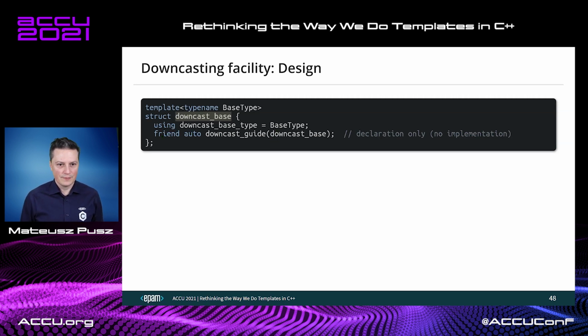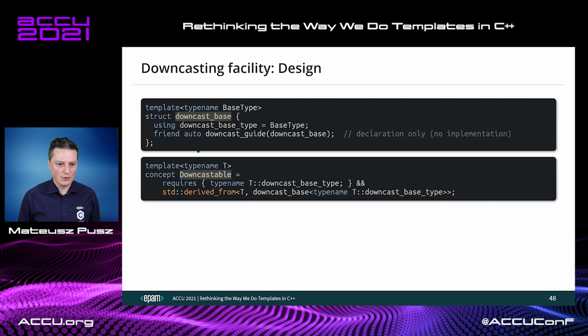It's a friend function. We don't know what it returns for now, so we are returning auto, and we don't provide any definition in this case. We are just declaring this function, so it can be called with this type, because hidden friends can only be found, can be called if they take an argument of this type.